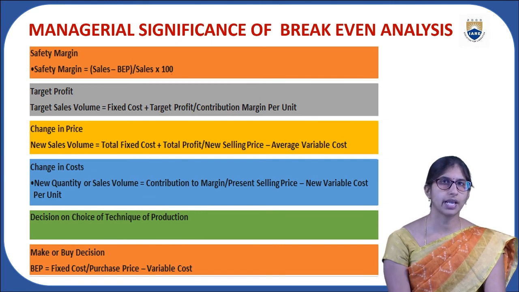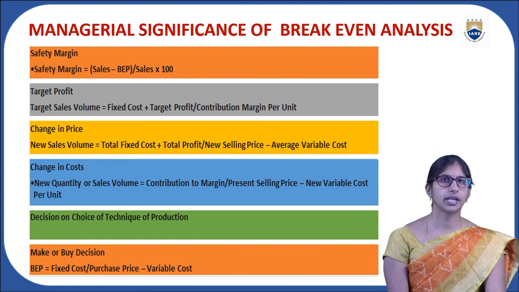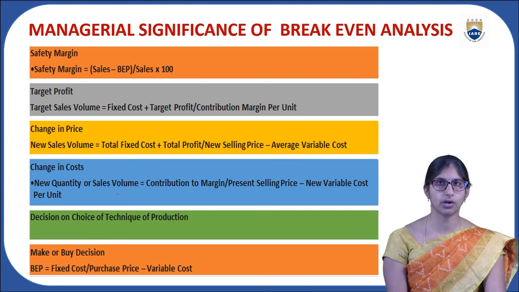We can also find the break-even point through a change in price. New sales volume equals total fixed cost plus total profit divided by new selling price minus average variable cost. For a change in cost, new quantity or sales volume equals contribution margin divided by present selling price minus new variable cost per unit.